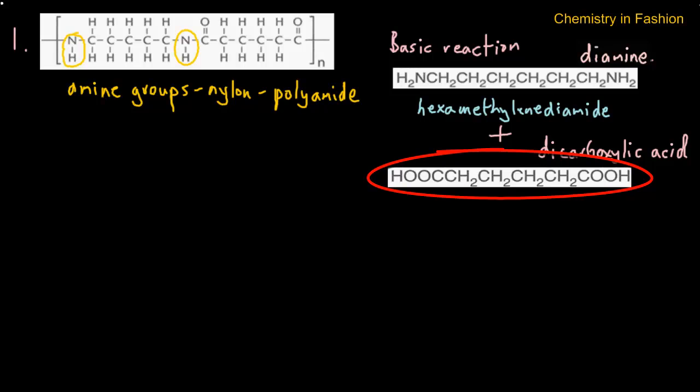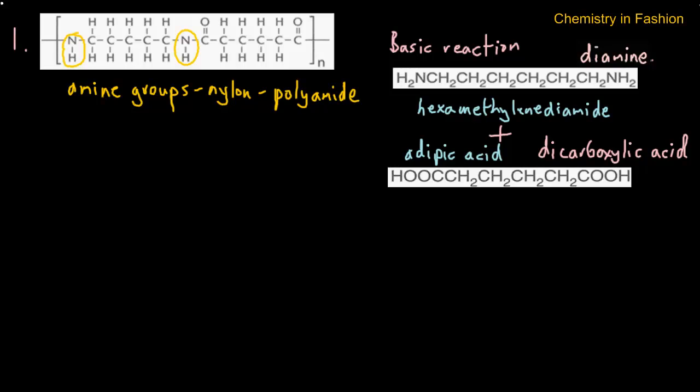The dicarboxylic acid, the common name that's used usually in industry is adipic acid, so this is called adipic acid. So if we now look at the full equation for that, let's take a look at that.